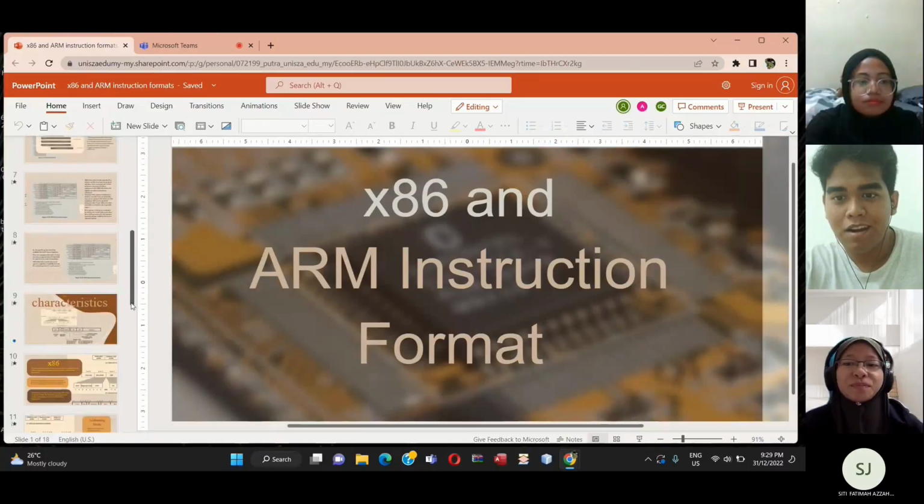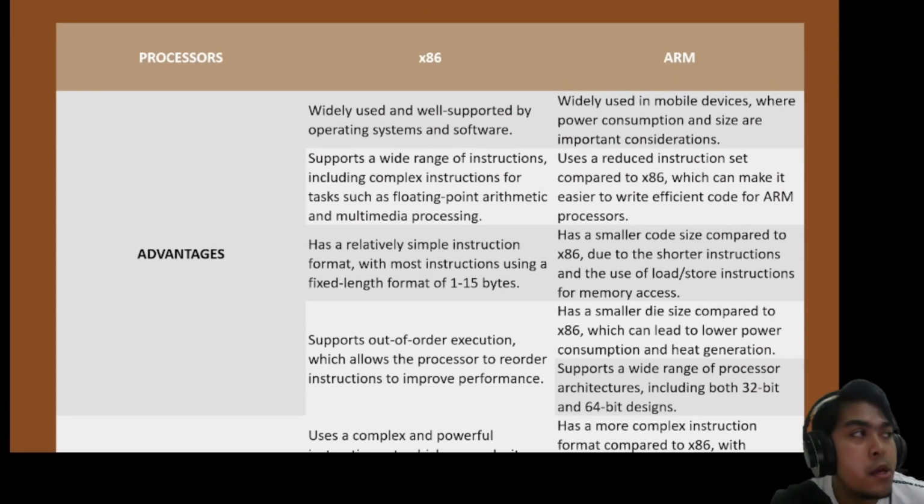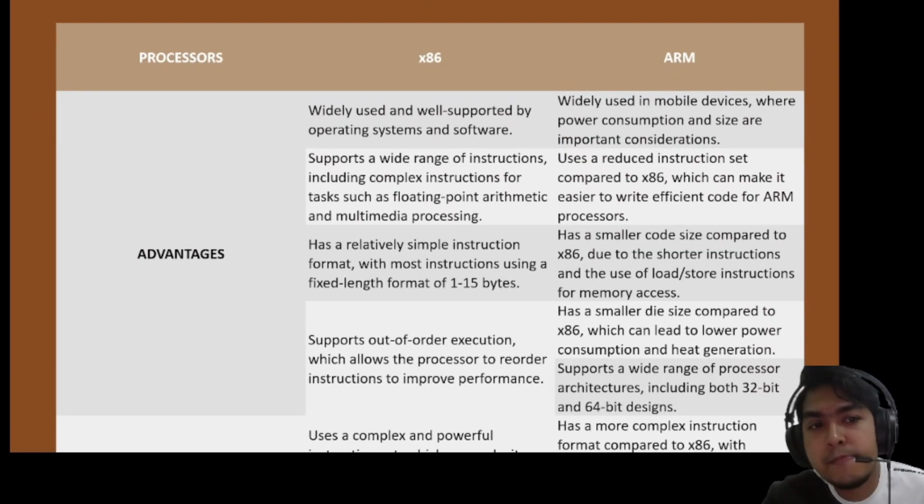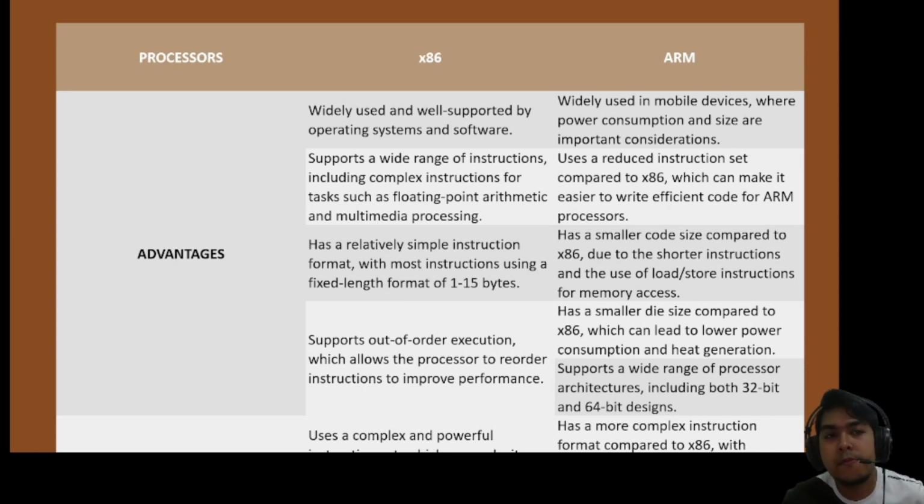Okay, next is the major performance advantages and disadvantages of the X86 and ARM processors. The advantage of X86 is that it is widely used and well supported by operating systems and software. It supports a wide range of instructions, including complex instructions for tasks such as floating point arithmetic and multimedia processing.